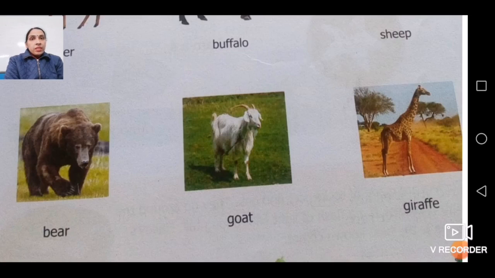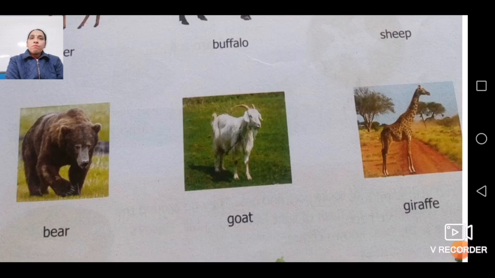Now the smaller definitions which you have to remember: what are wild animals? Animals who live in the jungle are known as wild animals. Animals who live on farms are known as domestic animals.